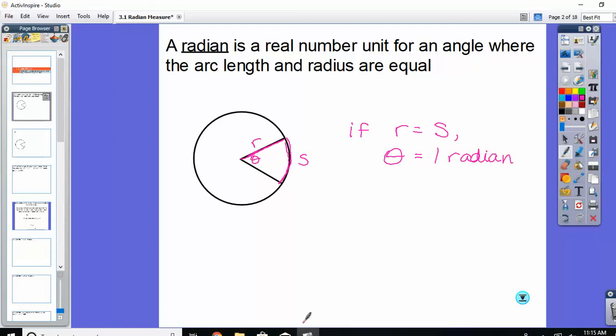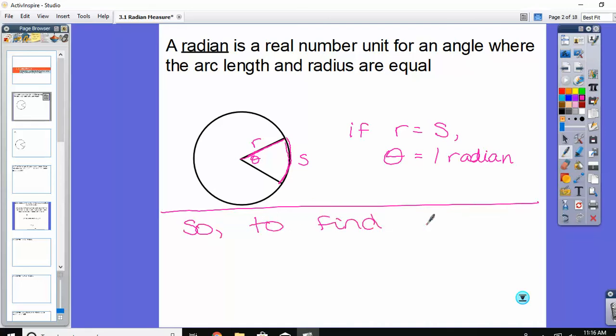So 1 radian is the size of the angle required so that the radius and the arc length are equal.